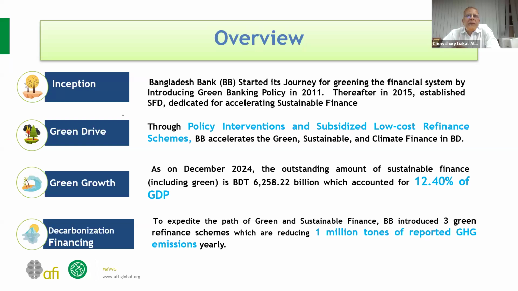And we are moving toward decarbonization financing through our refinance schemes for promoting sustainable finance and green finance. After implementing the projects under the three refinance schemes, we are reducing 1 million tons of GHG emissions yearly. Next slide, please.